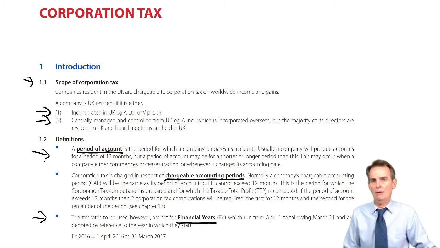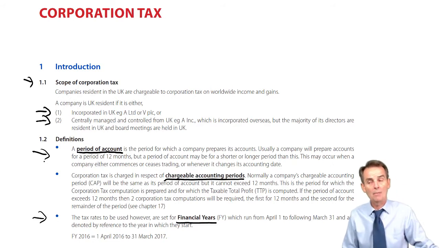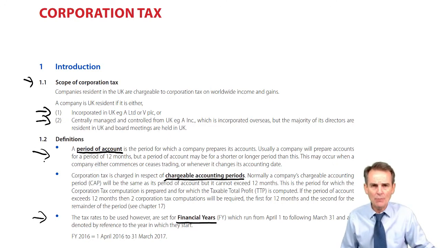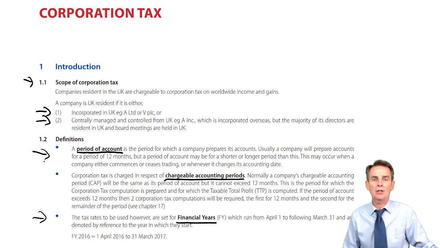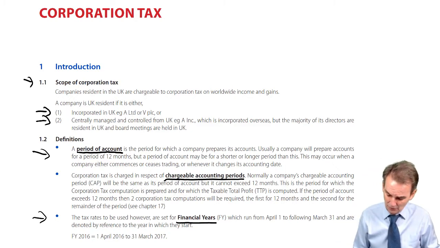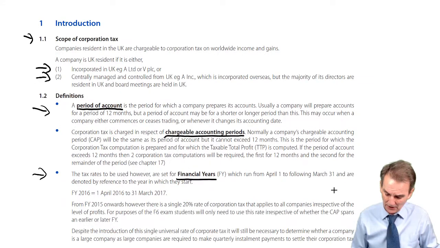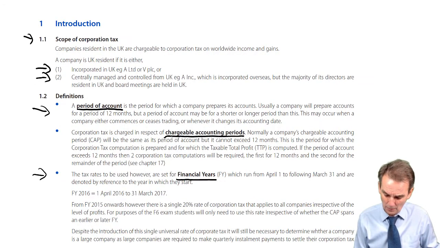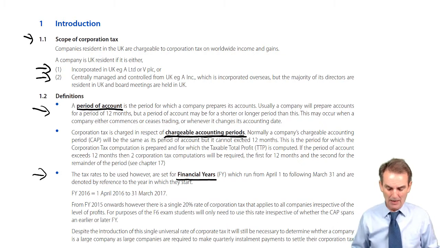So those periods of account, though normally 12 months, may be short, less than 12, may be long, more than 12. It is purely the period for which the company prepares its accounts. The second definition is the really important one, because this is the definition of what we've stated here to be the company's chargeable accounting period.